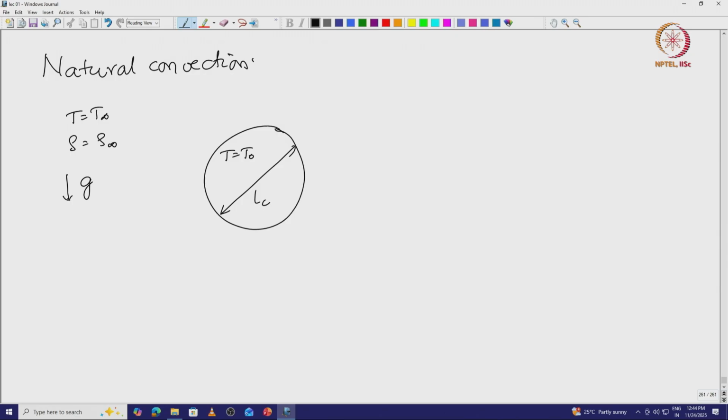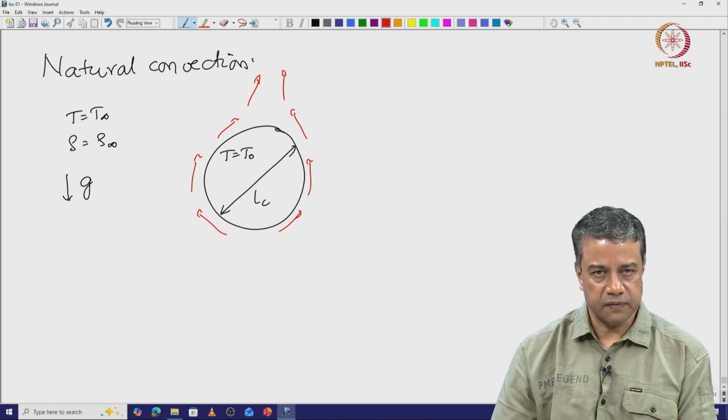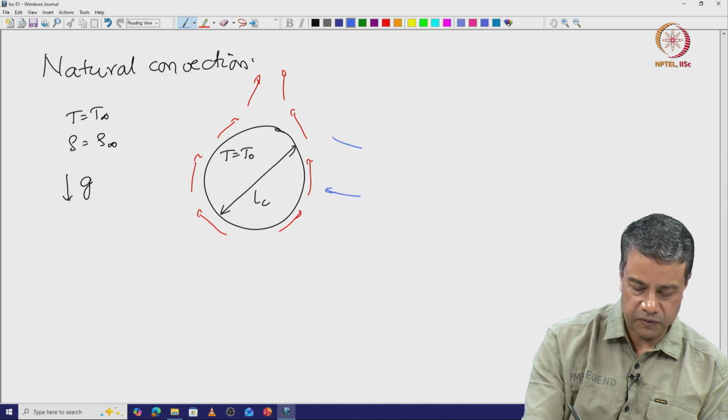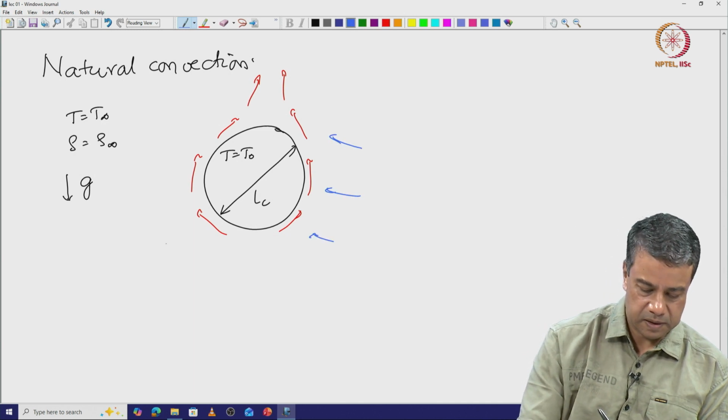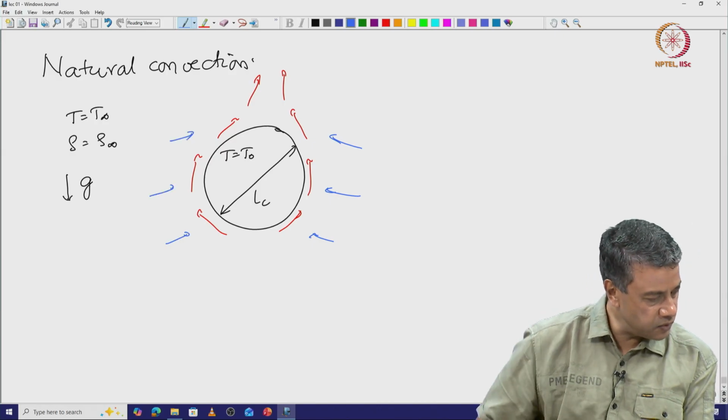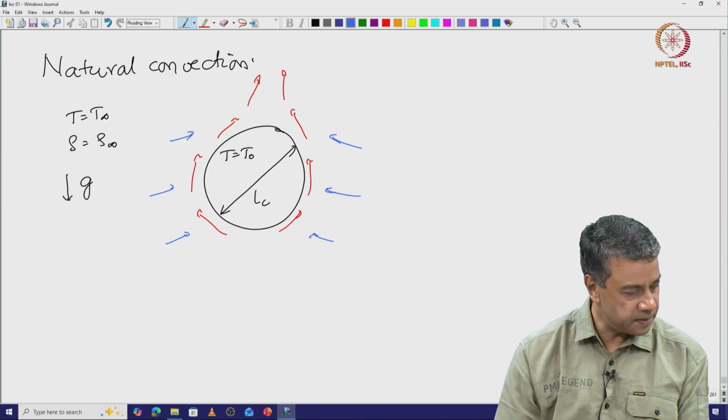And therefore, this fluid that is at a higher temperature will tend to move upwards. As this fluid moves upwards and it vacates the region around the object, the cold fluid has to move in to occupy that space.